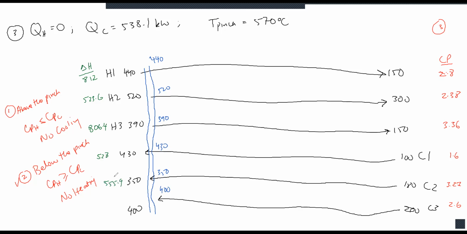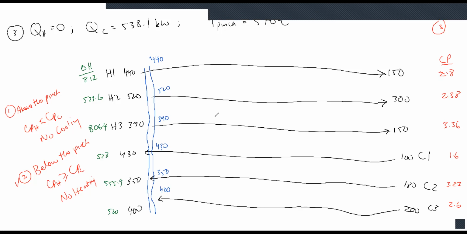And the last one, 400 minus 200 multiplied by 2.6, is just 520. So we have the heat available in each stream, and we have our Cp for each stream. Now let's do the matching. If you recall, this entire problem is below the pinch, so Cp hot has to be greater than Cp cold.